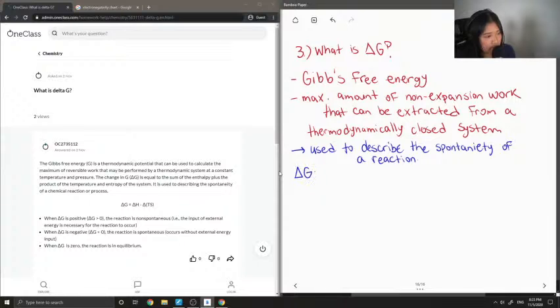When delta G is a negative value, this means that the reaction is spontaneous. When delta G is equal to 0, the reaction is in equilibrium. And also when delta G is positive, this means our reaction is non-spontaneous.